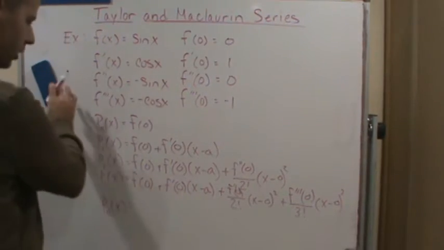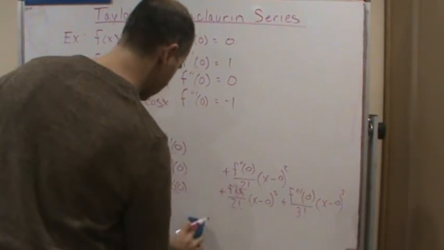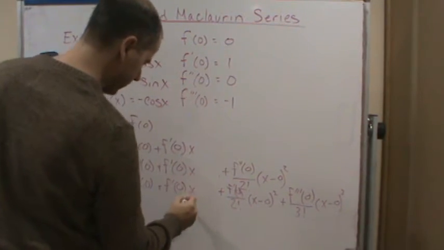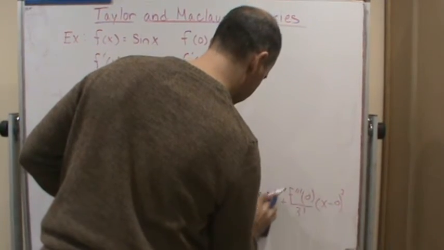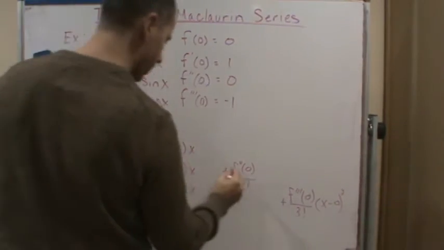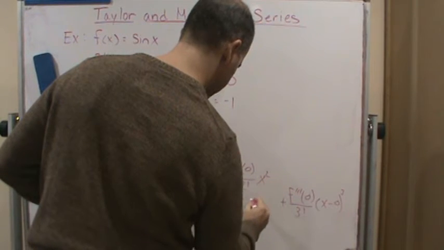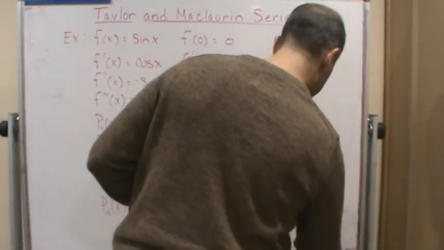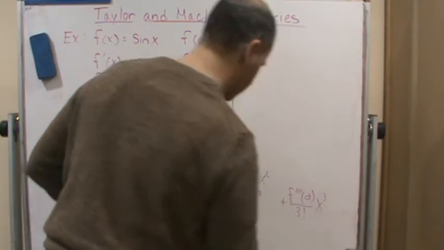And of course, all of these x minus a's just become x's, right? So this is x, x, x. And this is going to become x squared. Oops. x squared, x squared. And this just becomes x cubed, right?